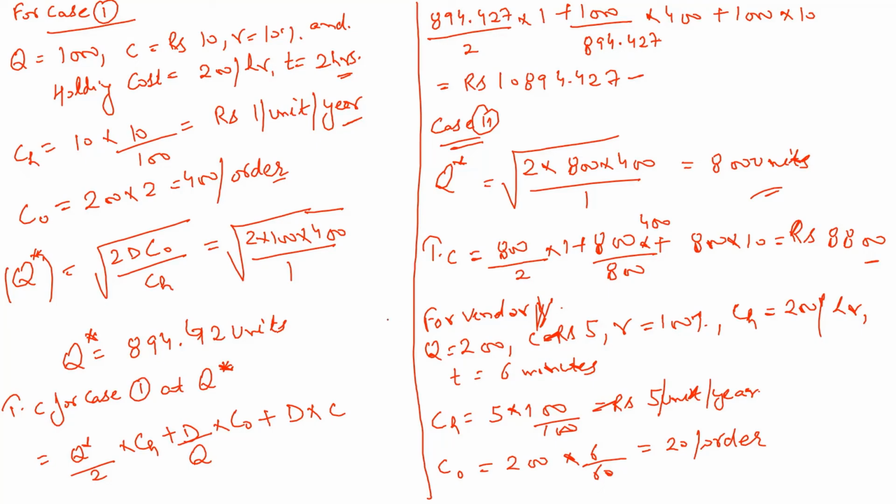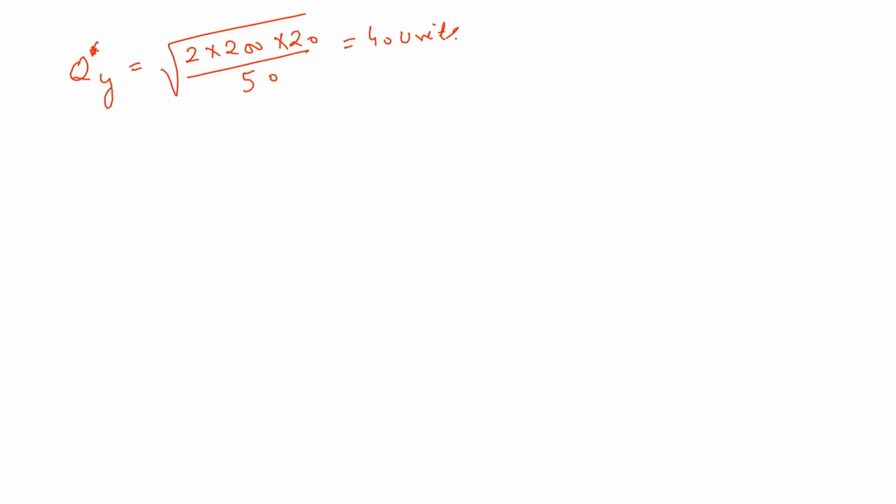Now next, Q star for Y would be square root of 2 into 200 into 20 divided by 5, which comes to near 40 units.